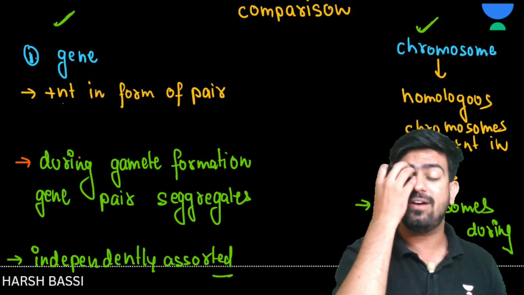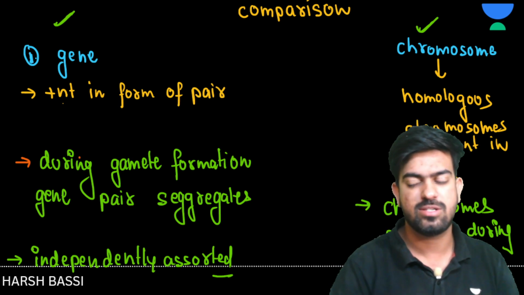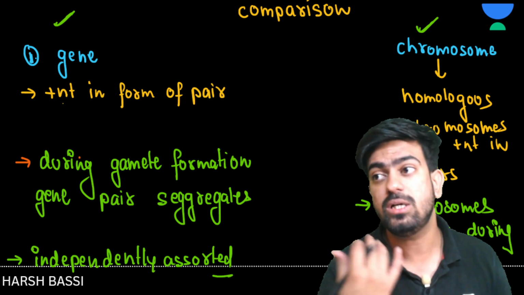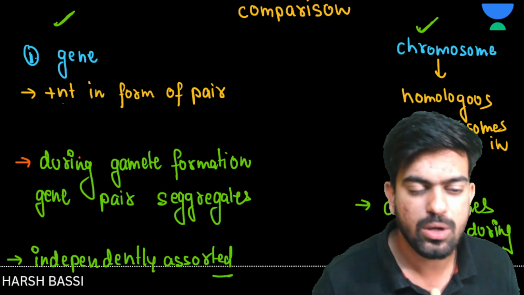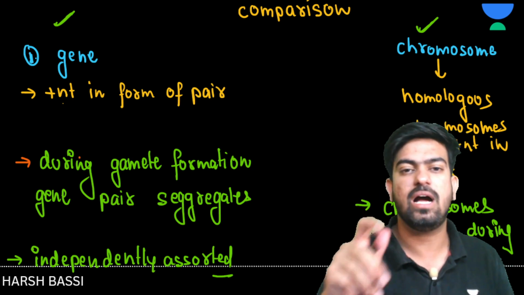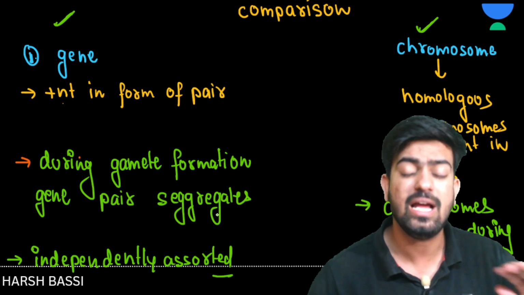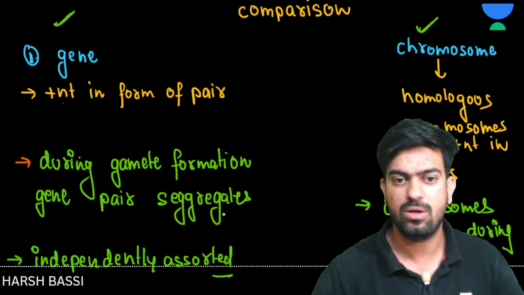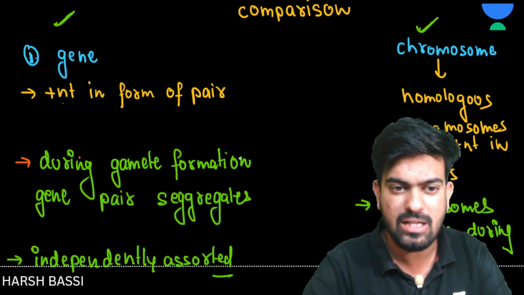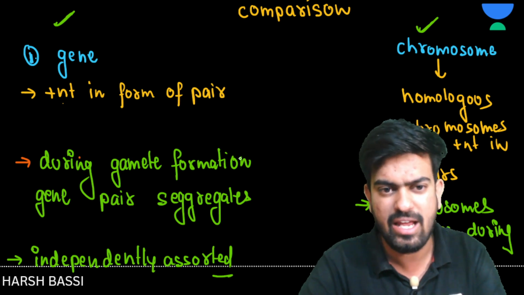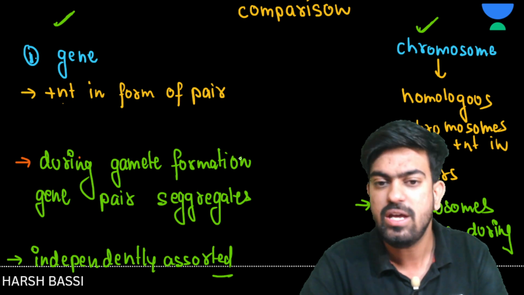It's not like that our eye color and skin color is linked. If I have a black eye color, sir, you will have a black skin also. No, it's not linked. Clear? They are separated independently. They are inherited independently. So this was made by Sutton and Boveri, and they gave this chromosomal theory of inheritance.